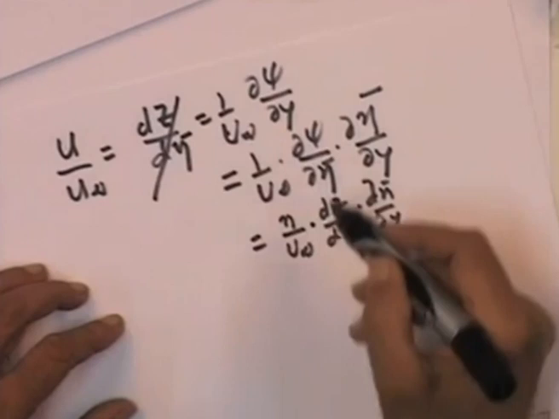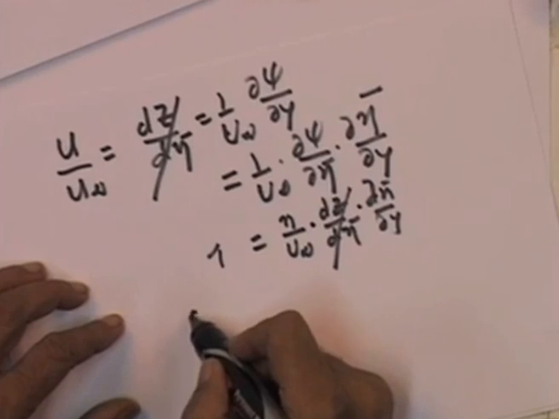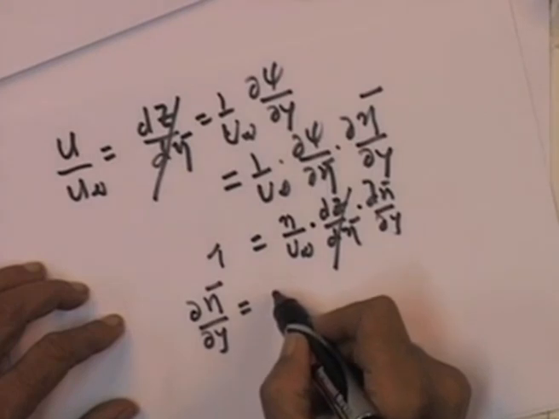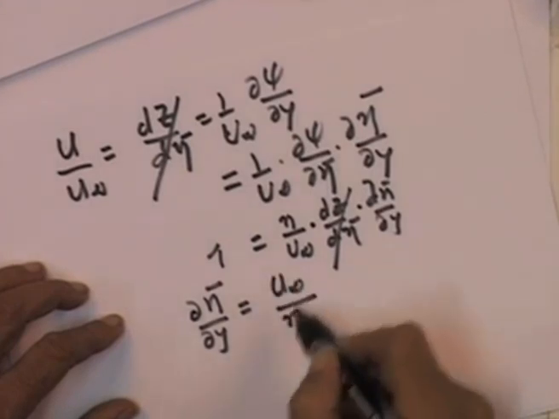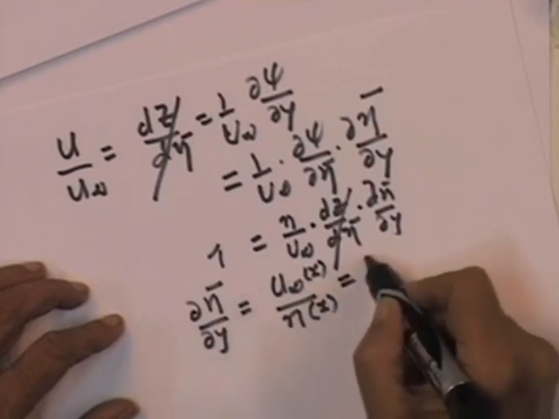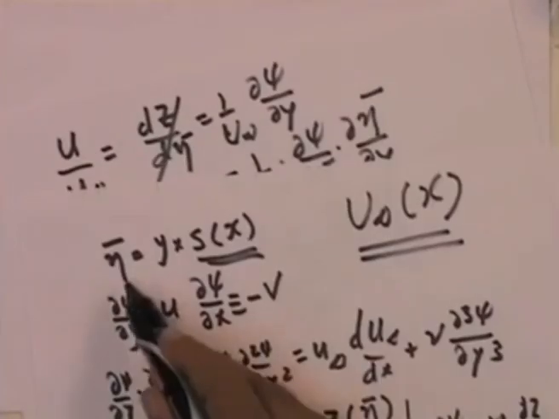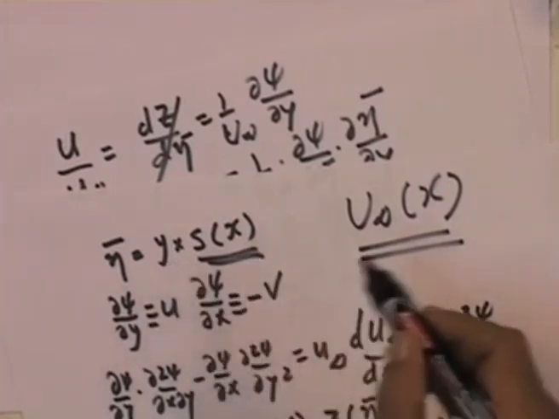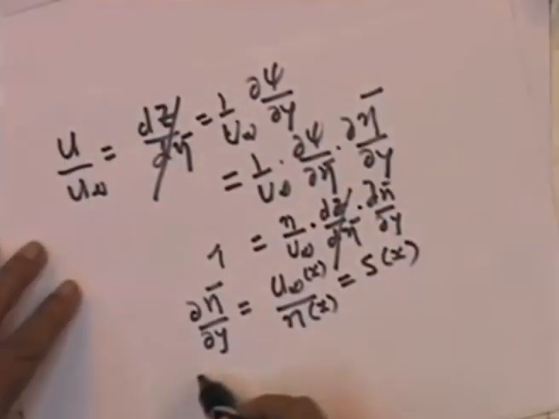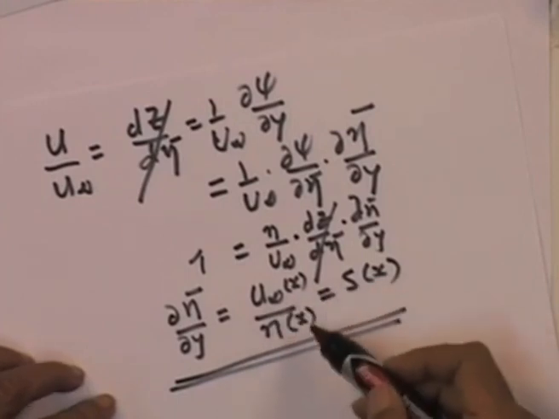I can cancel dz by d eta bar on both sides, and I will have that as 1, or d eta bar by dy will be equal to u infinity by n, both are functions of x, and that would equal S(x) as per our definition, because remember eta bar is y into S(x). So, d eta bar by dy would be simply S(x). Very important relation this, because it establishes the relationship between the three functions of x that we have introduced.